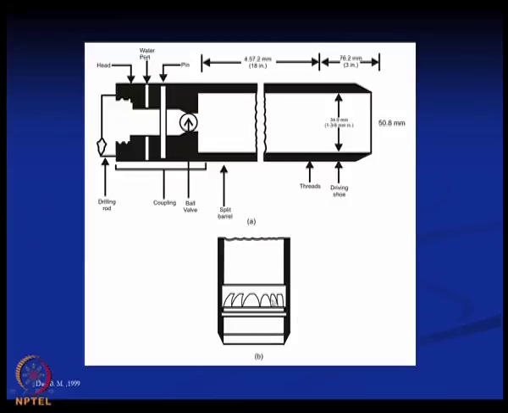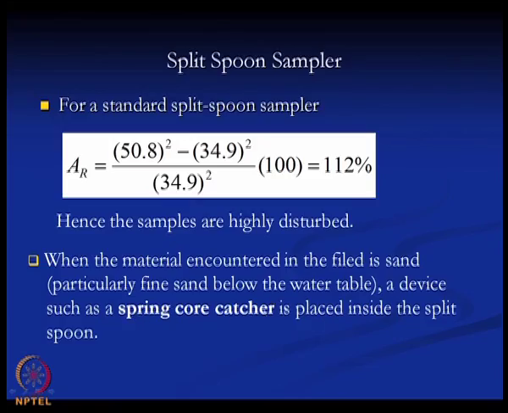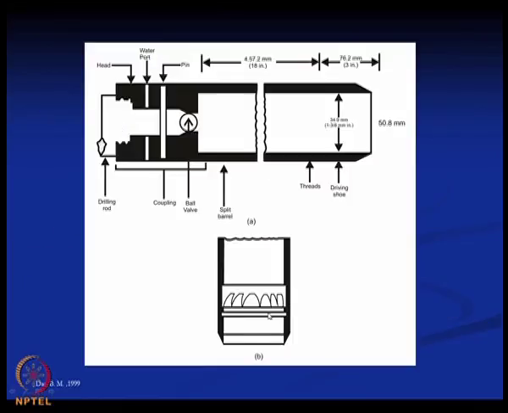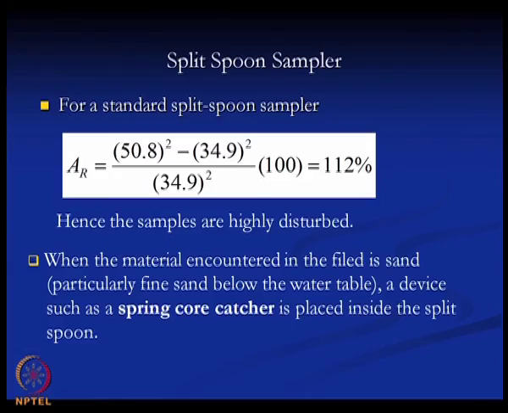So, this is the normal split spoon sampler used for clay soil, and if it is sandy soil or below the water table, then this spring core catcher is fixed in the split spoon sampler.